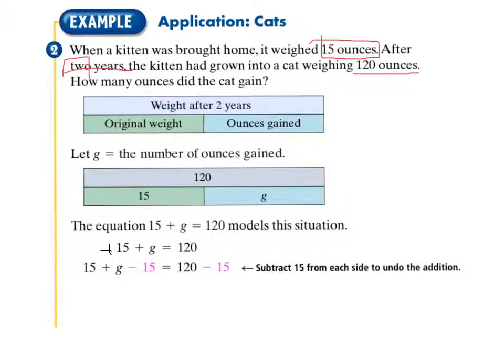So I'm going to subtract 15 from both sides to undo the addition. So these two 15s will cancel each other out, because plus 15 and minus 15 gets you 0. That leaves me with G, and then 120 minus 15 is 105. So G equals 105. So the cat gained 105 ounces in the first 2 years.